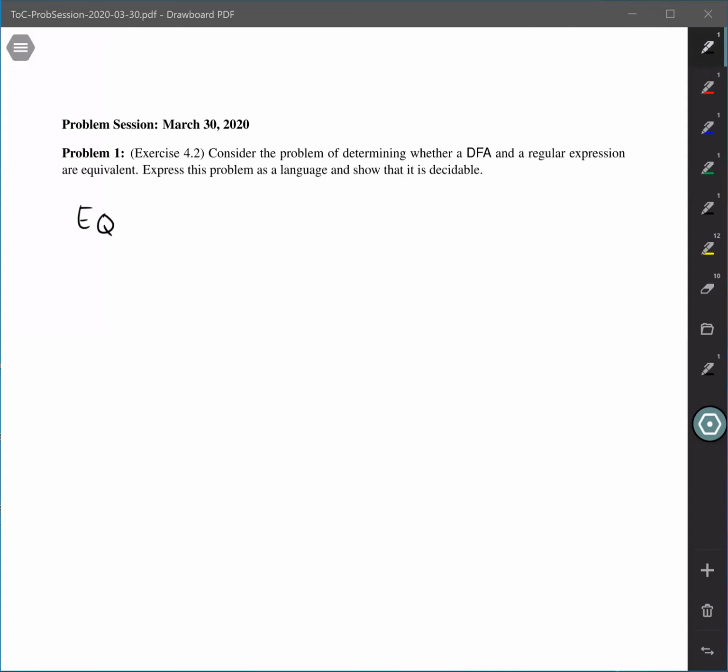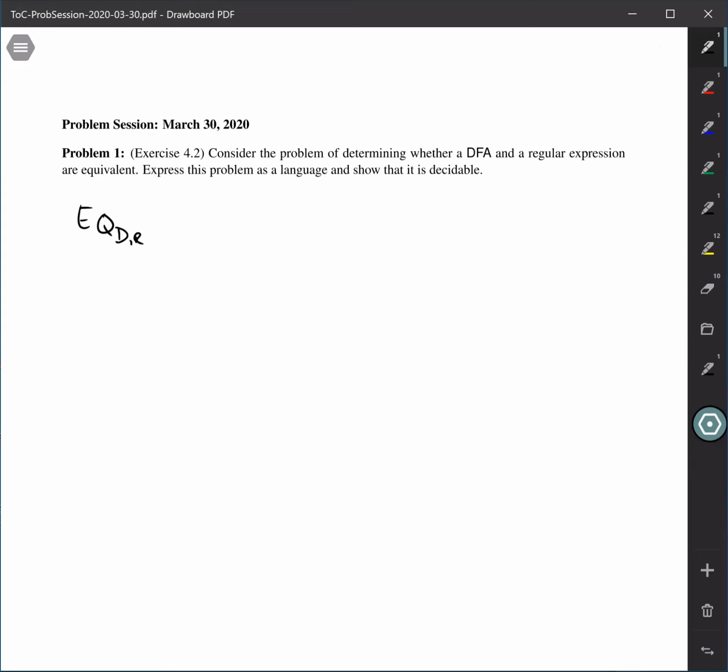Now, EQ sub DFA was equivalence of two DFAs. Here we've got a DFA and a regular expression. So to avoid making that too outrageously long, I'm going to just call this EQ sub RD, for regular expression and DFA. Actually, let me put it in the same order as the problem says, a DFA and a regular expression, so we'll do it that way.